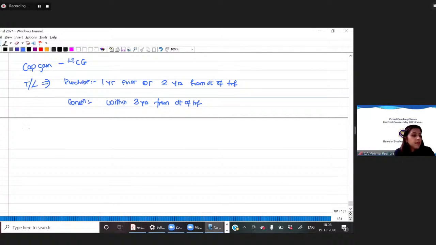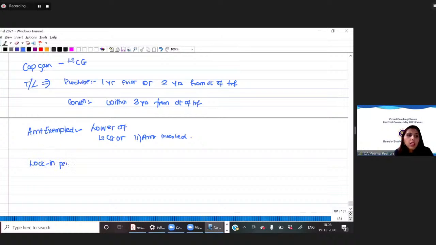Then what is the amount of exemption? The amount exempted is the lower of long-term capital gain or amount invested. Clear? The lock-in period for the newly acquired asset is 3 years from the date of acquisition or construction.